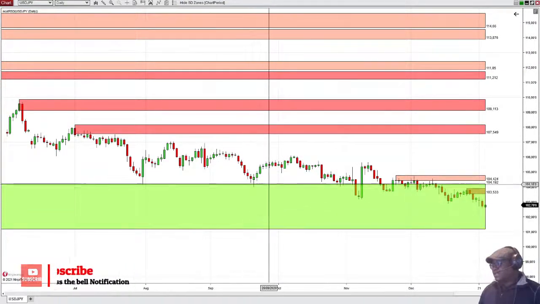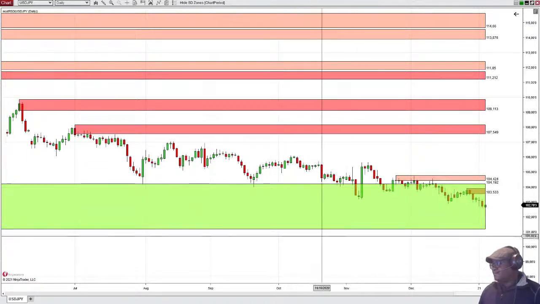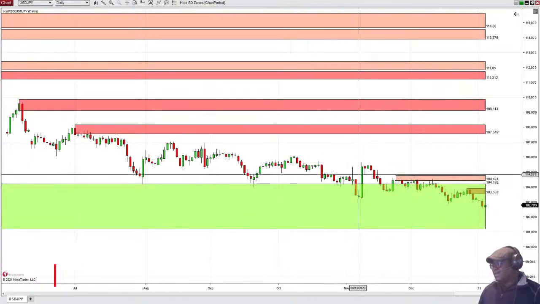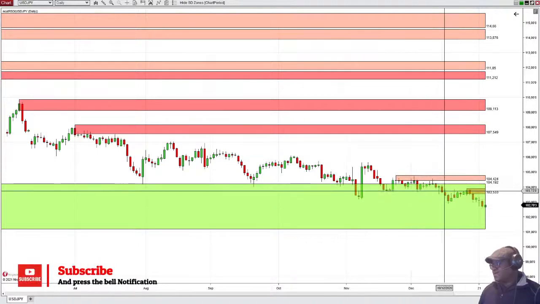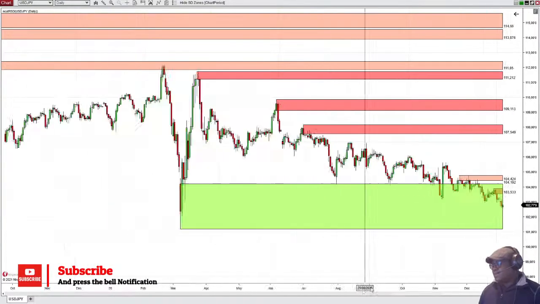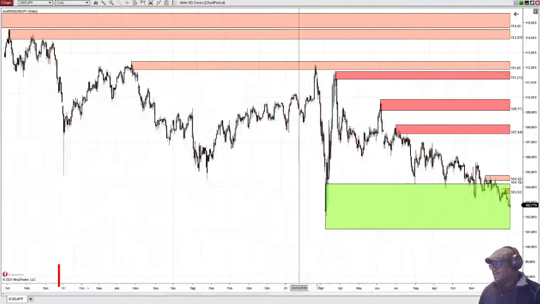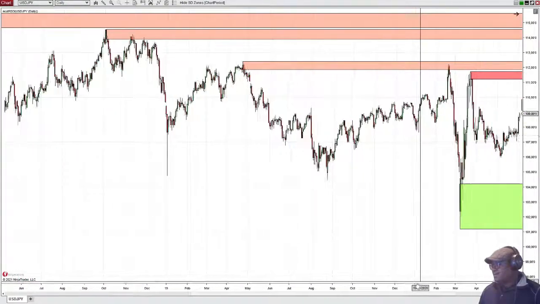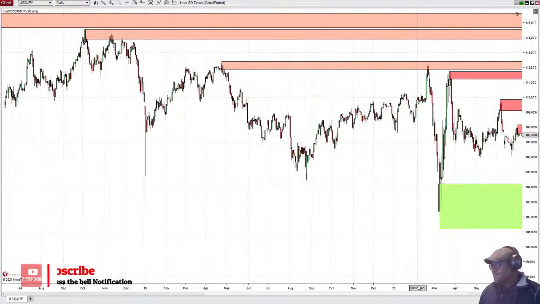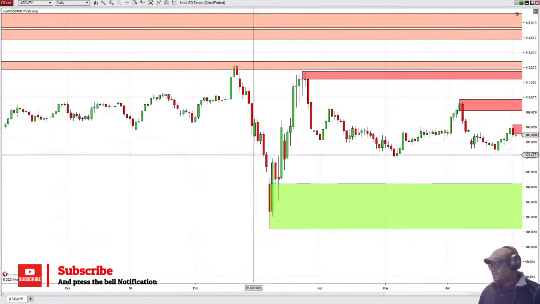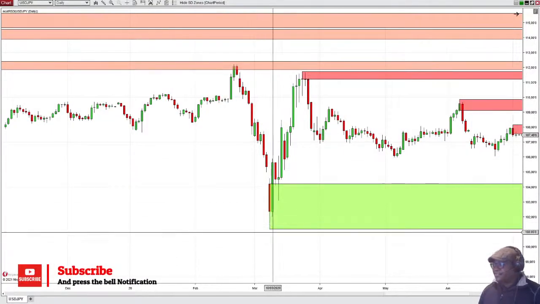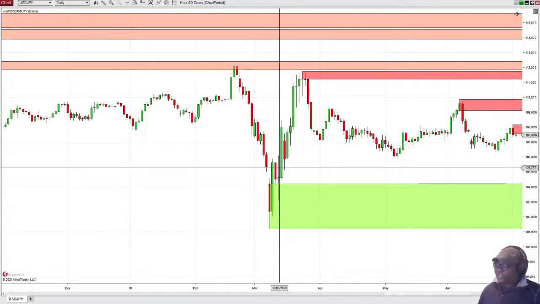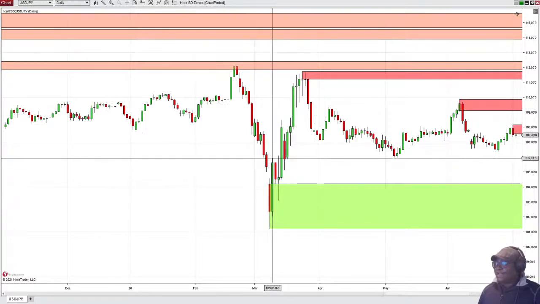You see this big demand that is here. How many times has it tested it? Three, came back. See, that is a big drop. That is a big push. You're expecting it's going to go high.